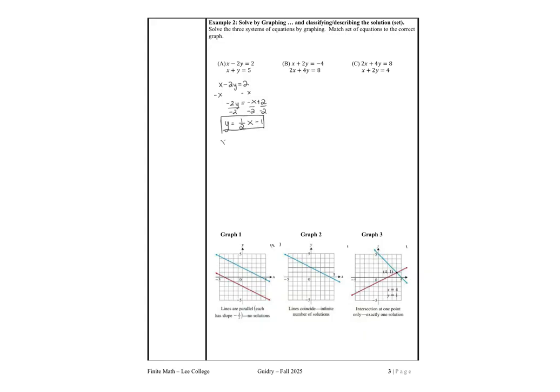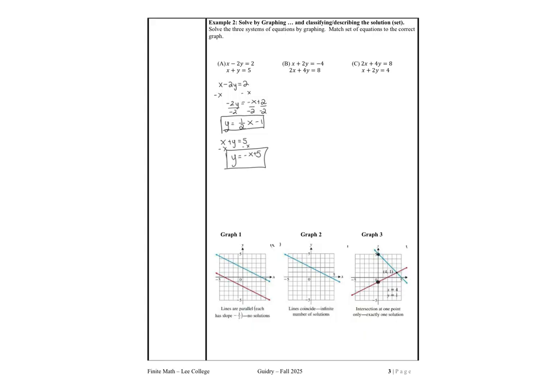My other line is x plus y equals 5. And all I need to do is subtract the x from both sides. So y equals negative x plus 5. So I'm going to go down here and find these two. One of them should have a y-intercept of negative 1, and the other one should have a y-intercept of 5. And the only graph that has that is this.